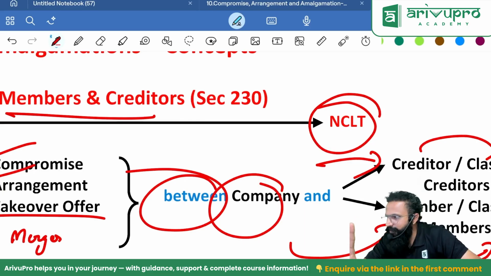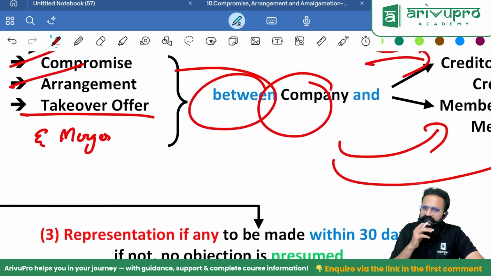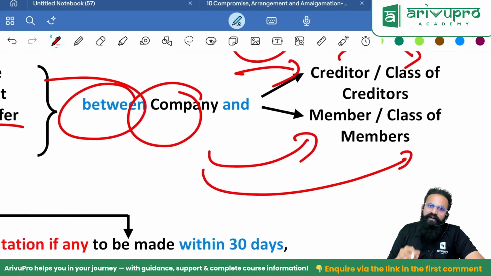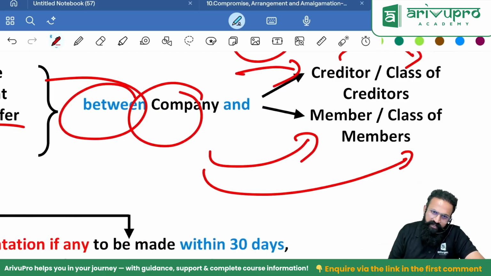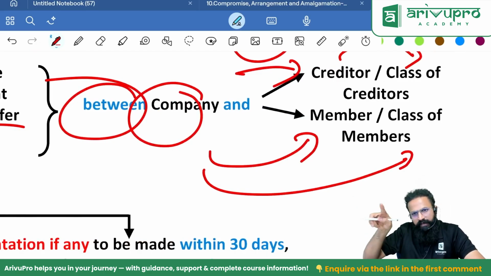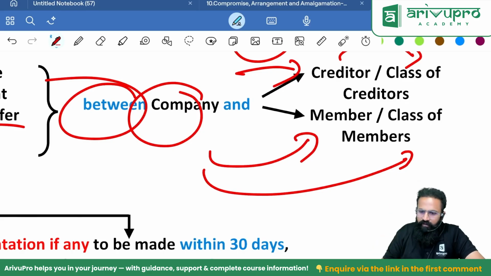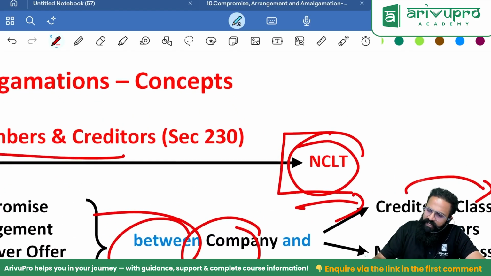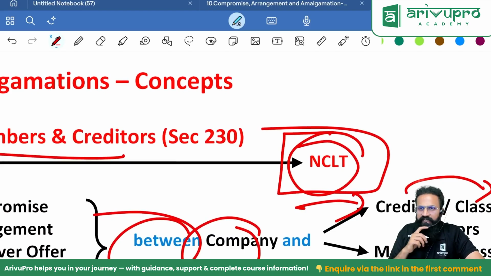Similarly, member is one person, class of members is the entire group. So we are filing an application for compromise, arrangements, or takeover with a creditor, class of creditors, member, or class of members with the company. Agreed? Now whom are we filing all these applications to? To NCLT, that is our tribunal. Any doubt till now?